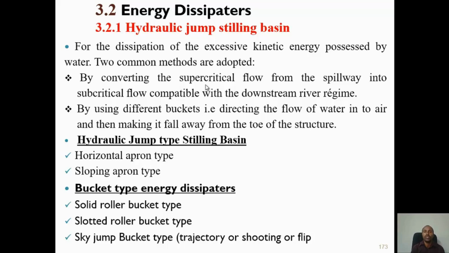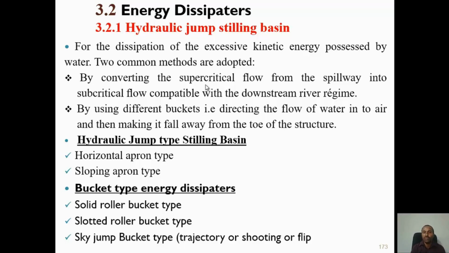Once it is spread in the air, it will not damage the downstream river region. Directing the flow into the air and making it fall away from the foot of the dam structure and the spillway.